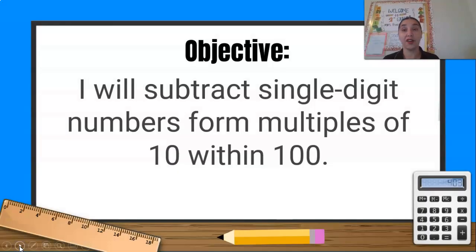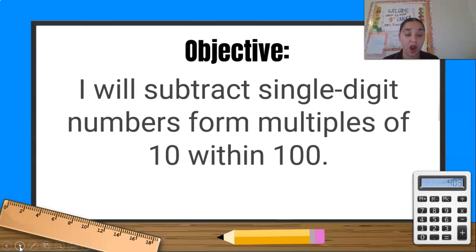So let's start with the objective for today. By the end of the lesson, we are going to be able to subtract single-digit numbers from multiples of 10 within 100. So let's talk about what the word multiple means. Well, the word multiple means 10, 20, 30, 40, 50, 60, 70, 80, 90, and 100.